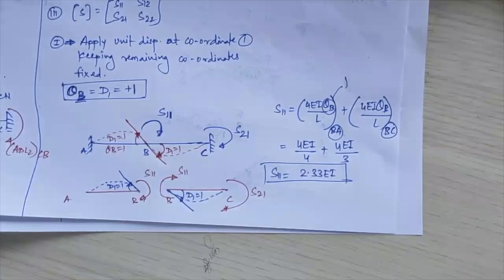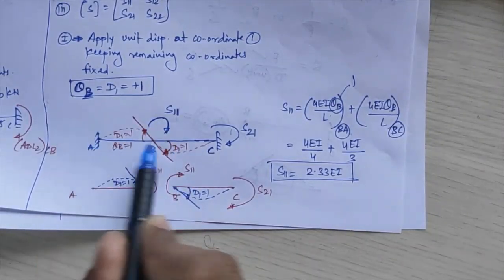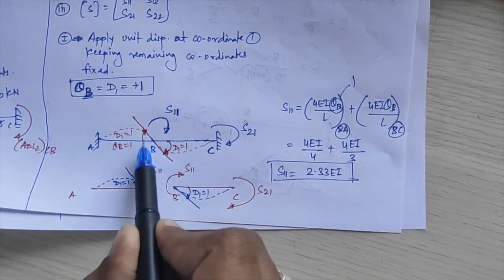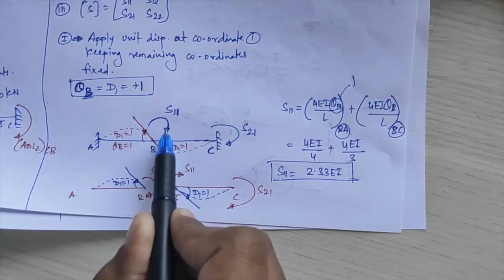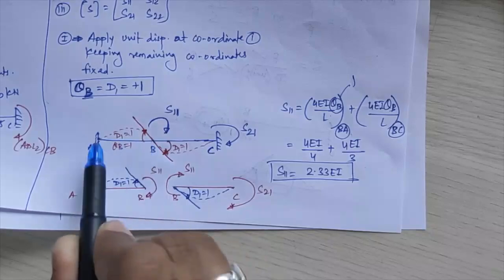How have we calculated this value? S11 is the combined moment action for BA and BC. If you apply the unit displacement at the first coordinate and calculate S11 at that same coordinate, that will be your near end.